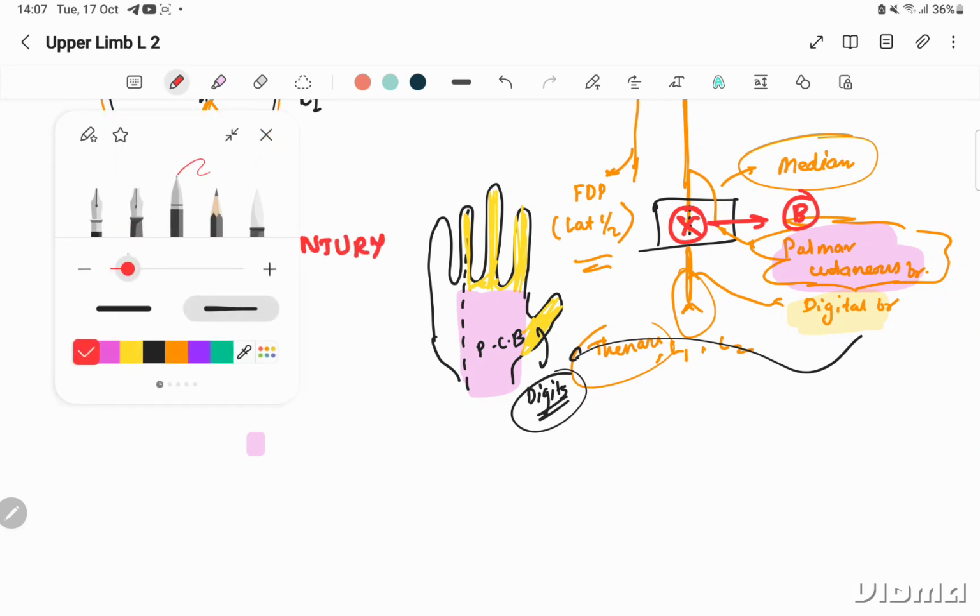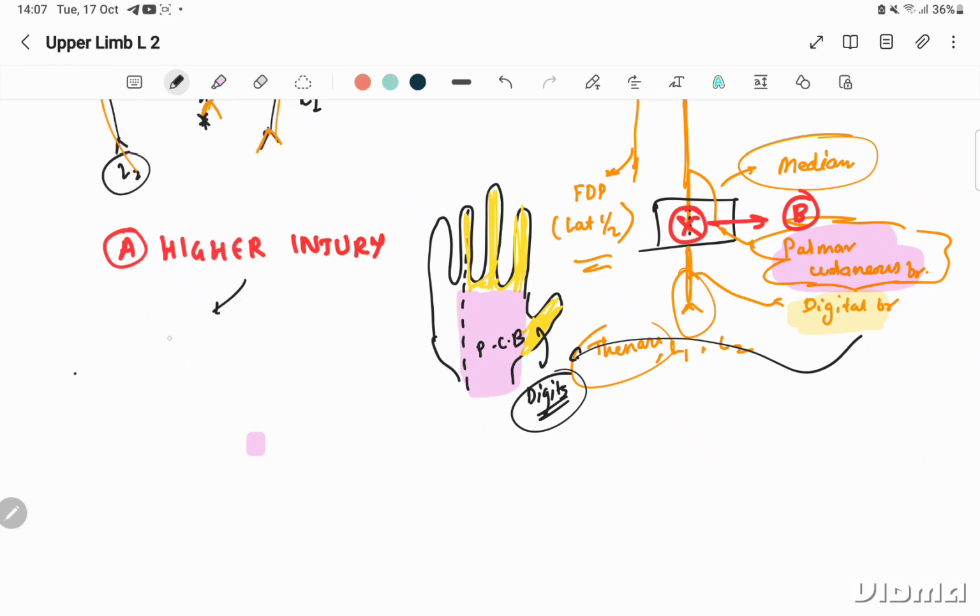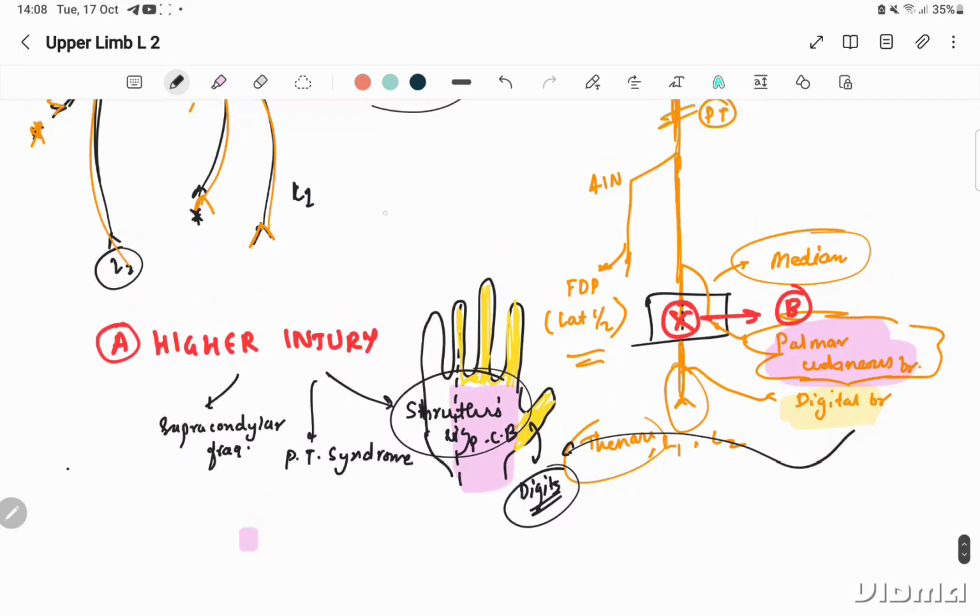So what may be the causes of the higher injury? Some supracondylar fractures may occur, or you can have pronator teres syndrome, or you can have Struthers ligament. What is Struthers ligament? Struthers ligament is an additional head of coracobrachialis.